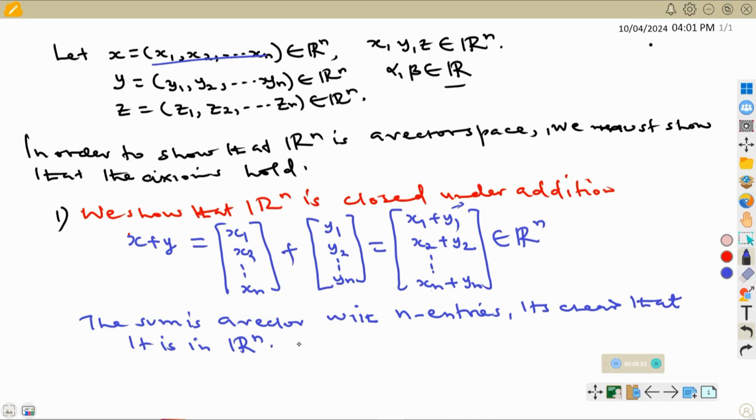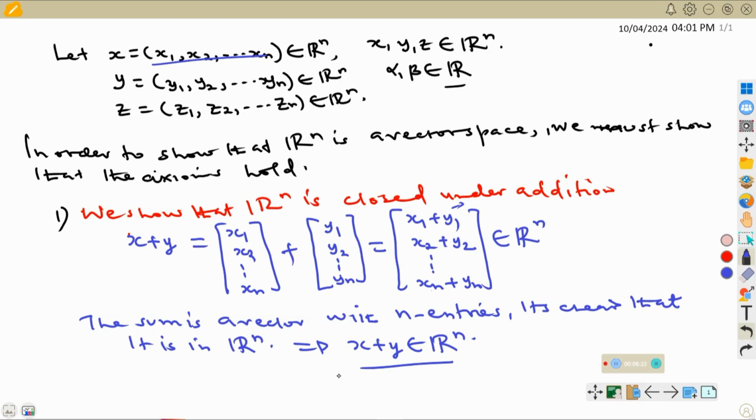So what does this one mean? This one implies that x plus y is actually an element of R to power n. So this vector space R to power n is closed under addition.